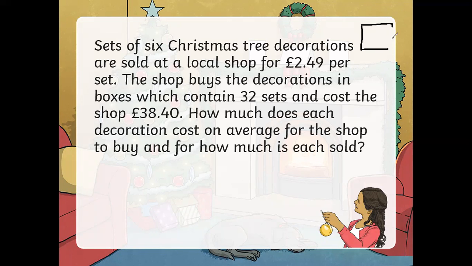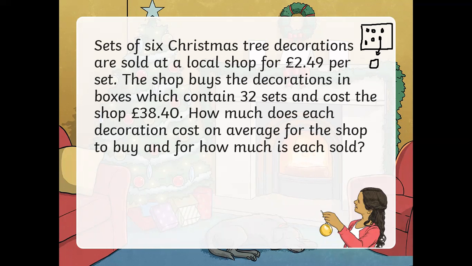So there's 6 different decorations. 1, 2, 3, 4, 5, 6. And we want to know how much each decoration, one of these little balls, costs for the shop to buy it, and how much they sell it for to the customer.